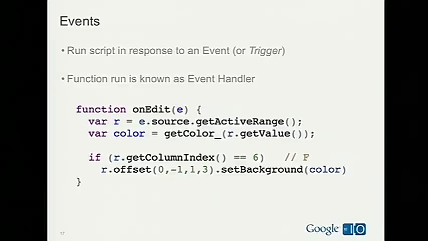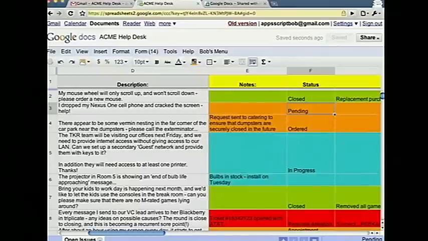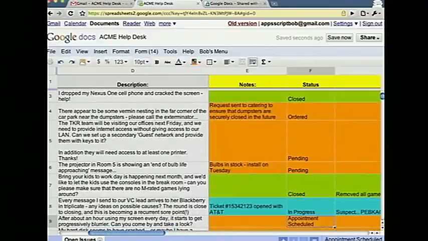Every time Bob edits the spreadsheet, we're going to do some trickery with the colors and update the status of the issues. So it's a very simple demo, a lot better when you see it in action. As Bob changes his status row, you'll see that the color coding on his spreadsheet changes automatically. This makes it easy to keep his spreadsheet legible and up to date without continually having to reformat.